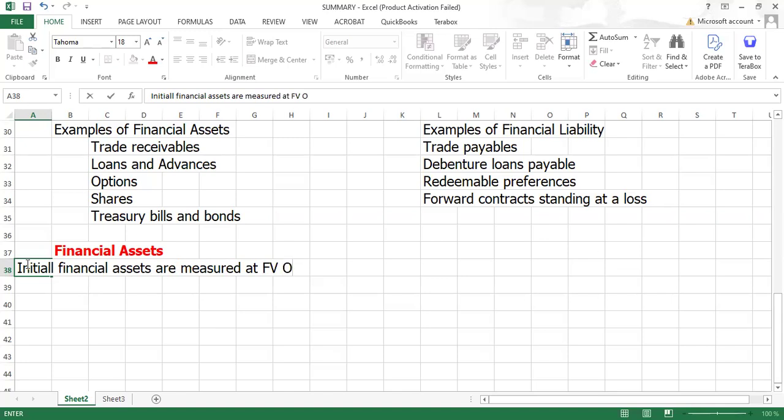The fair value of the consideration paid, plus the transaction costs. The fair value here, it's like the price paid to acquire the bond. The price paid to acquire that asset.